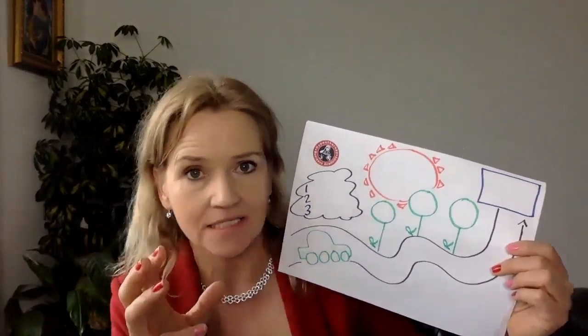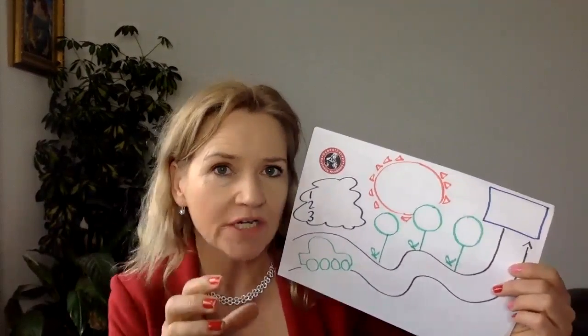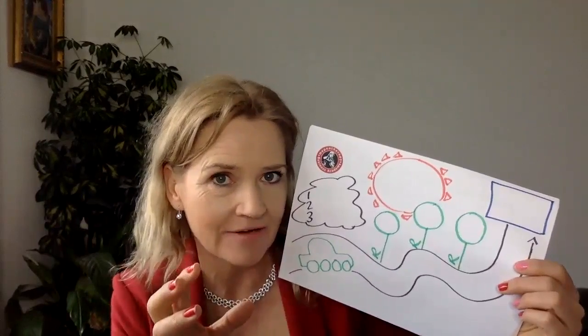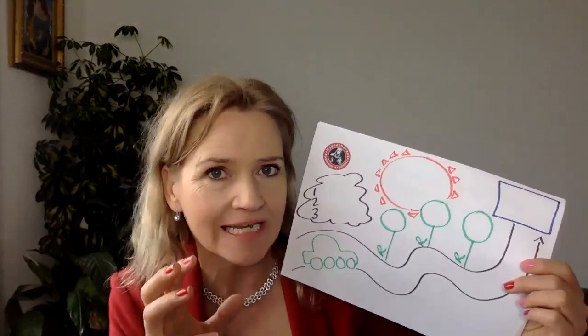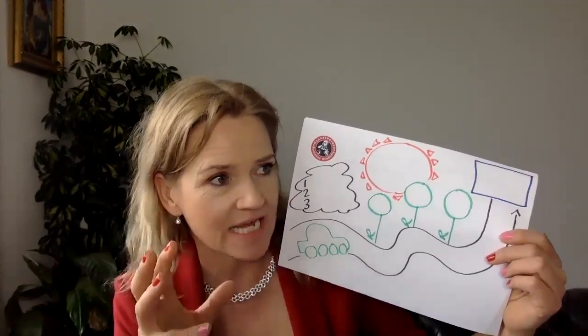Now, this is an exercise that uses a combination of different techniques. So we're looking at William Glasser's reality therapy. We're looking at a little bit of NLP in terms of outcome development and outcome creation.